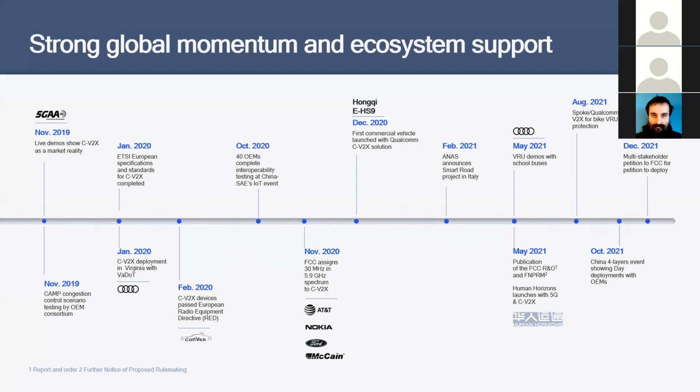It's the first time we had a demo showing C-V2X devices at large scale. Then in December 2020, we had the first commercial vehicle launch with the Qualcomm C-V2X solution. And in November 2020, as you know, the FCC assigned 30 megahertz in the 5.9 gigahertz spectrum to C-V2X.